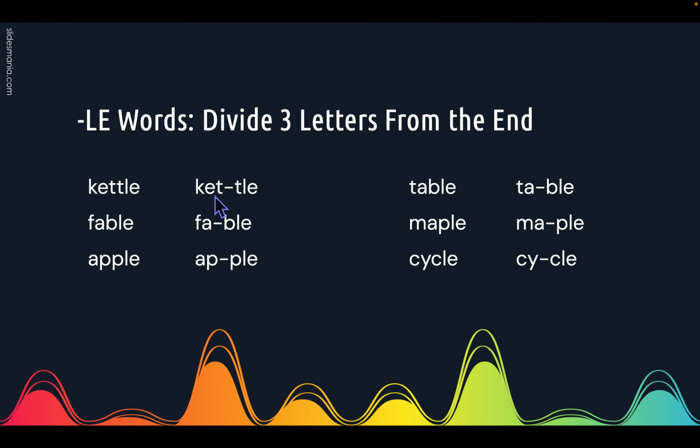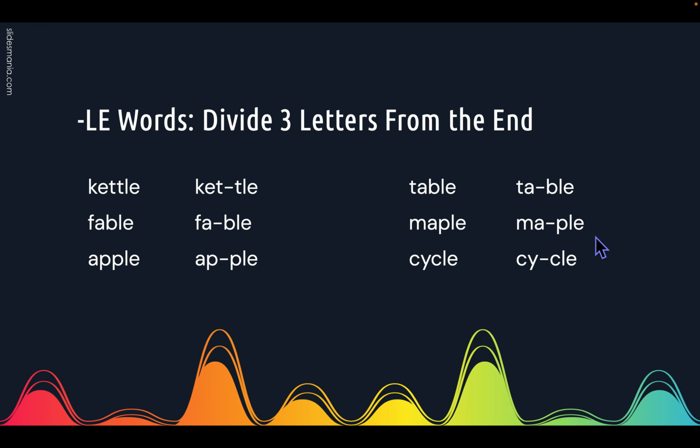But we're not going to have a word with just TL as a syllable. We just don't do that. So we stick an E here, even though it doesn't do anything. So we are going to split three letters from the end and have table. Once again, this E doesn't do anything except ensure that we have a syllable with a vowel in it.